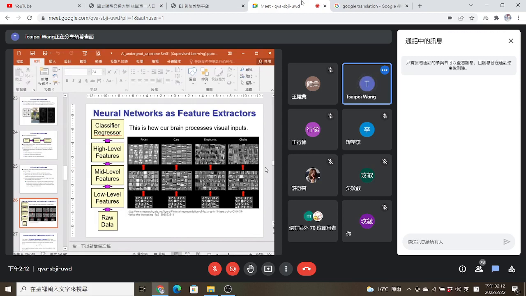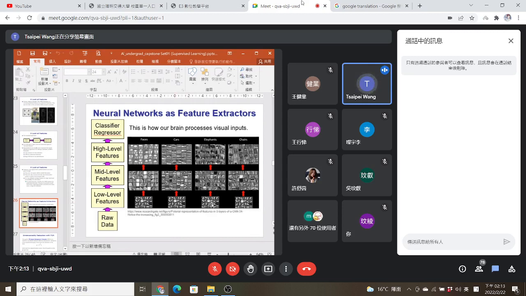That's how it works and has worked very well. Here is an example that illustrates the different levels of features that can be extracted by convolutional neural networks. Those are really low-level features, very similar to what you get with HOG.